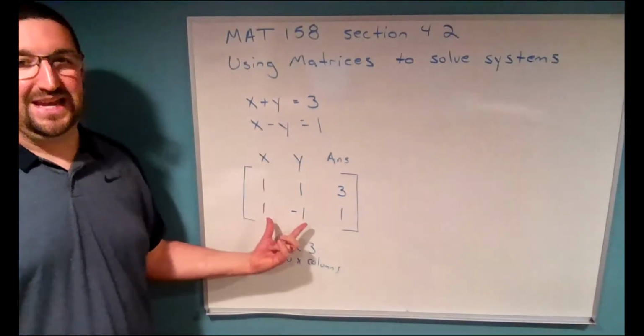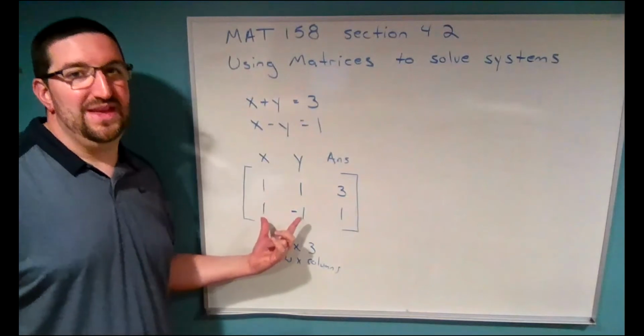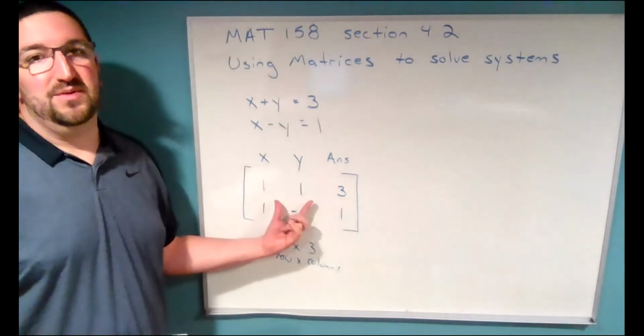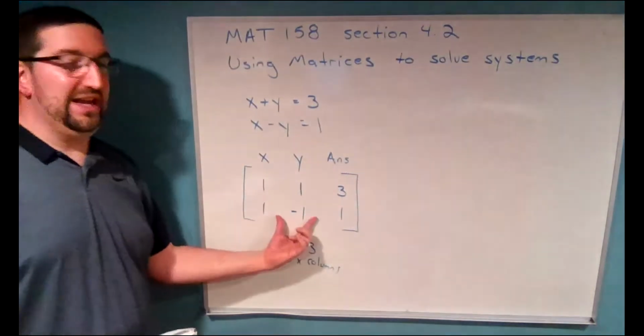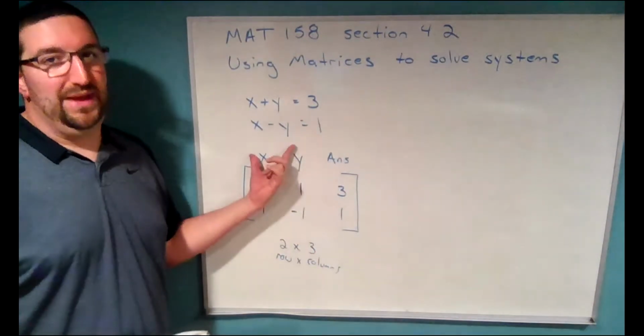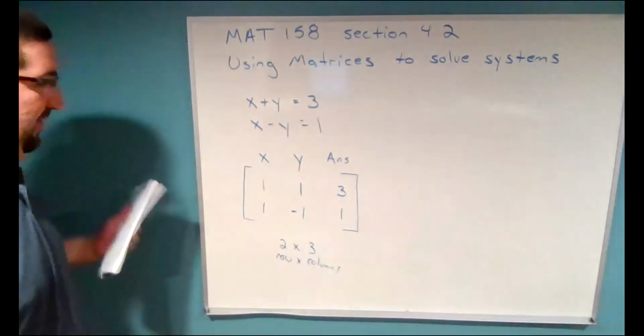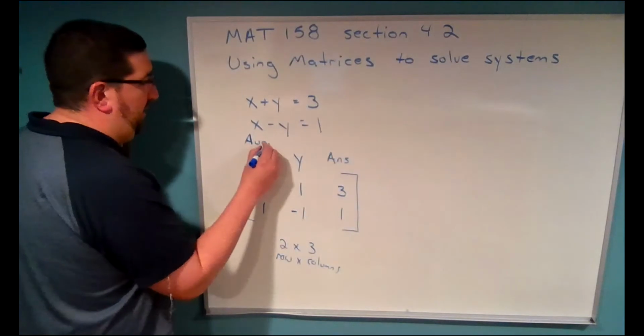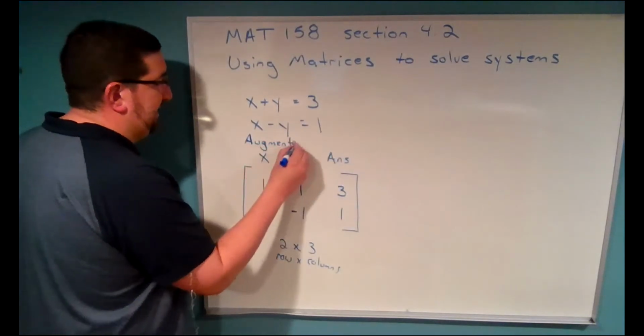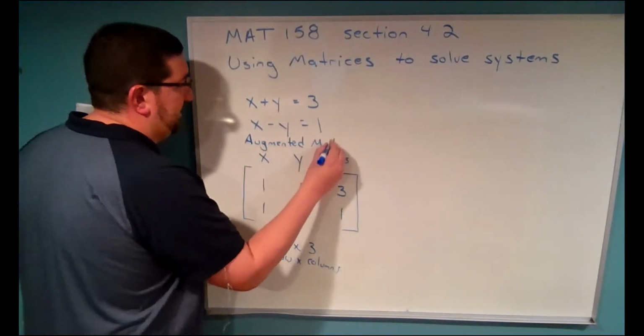We're going to learn later on how to solve a system with this, but right now I just want to focus on taking the system and creating an augmented matrix based off of that. That is what I'm talking about: an augmented matrix.